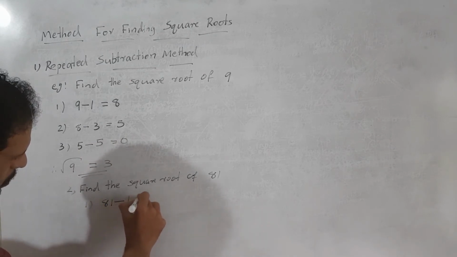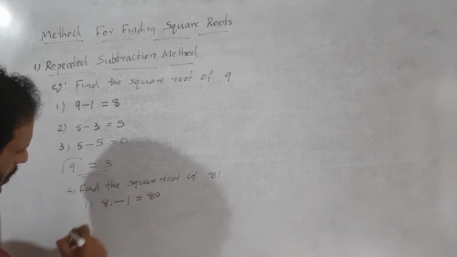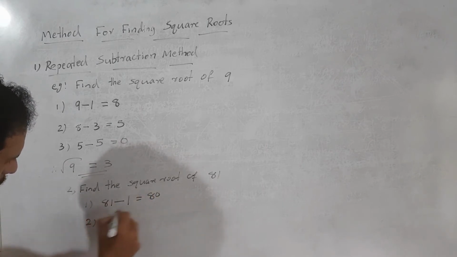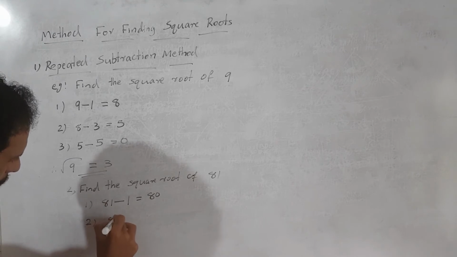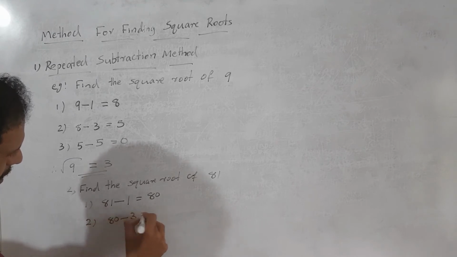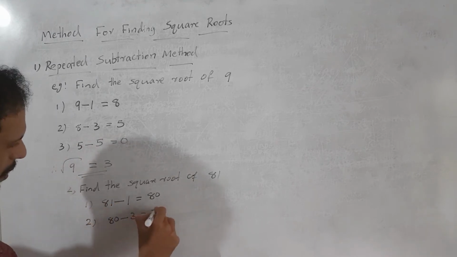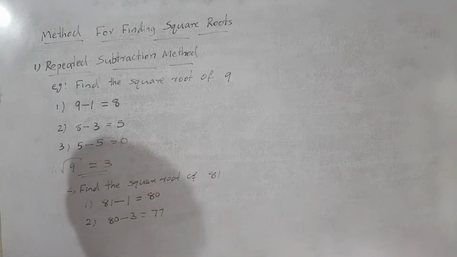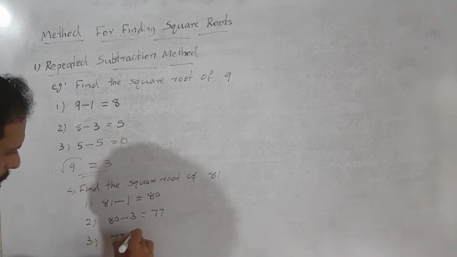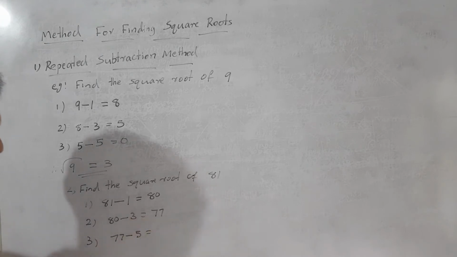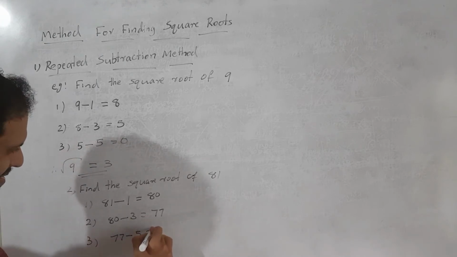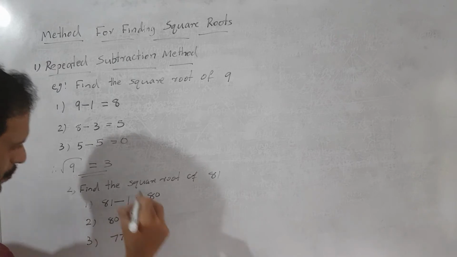81 minus 1 is equal to 80. Then second step, 80 minus 3. 80 minus 3 is equal to 77. Then third step, 77 minus 5. 77 minus 5 is equal to 72.